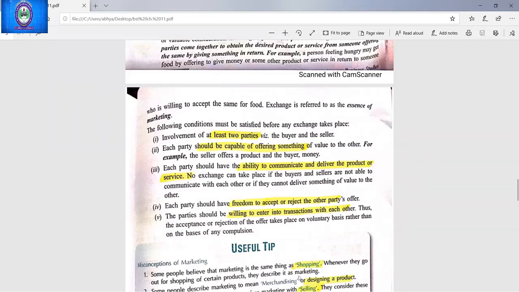So these are the five things of the exchange mechanism. Which five things? At least two parties, then they must be capable, then ability to communicate, then freedom to accept or reject the other party's offer, then willingness to enter into transactions with each other.